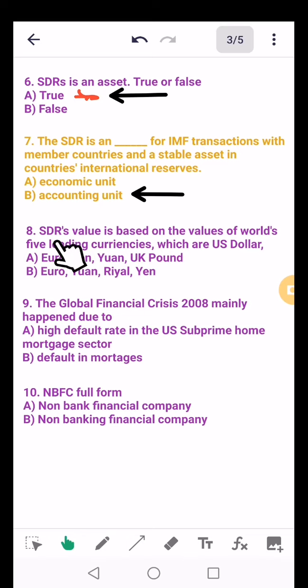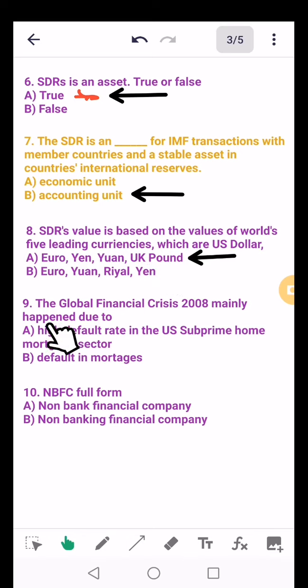Okay, SDR's value is based on the values of world's 5 leading currencies, which are US dollar, euro, yen, yuan, and UK pound. Okay, SDR is an asset as we saw, and SDR's value is based upon the values of 5 currencies, that is US dollar, euro, yen, yuan, and UK pound.